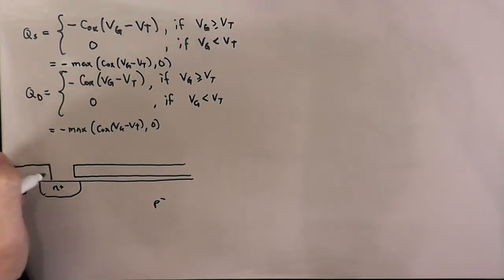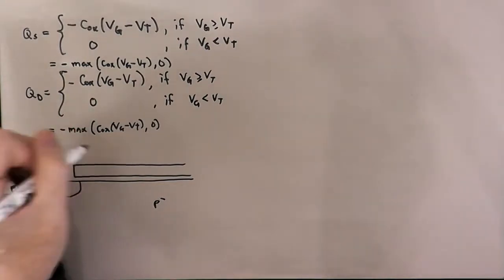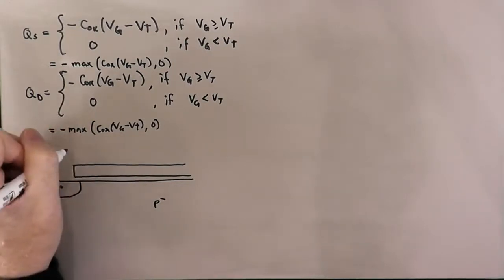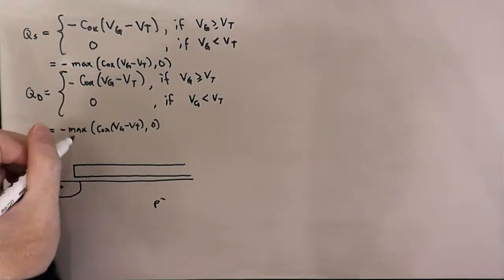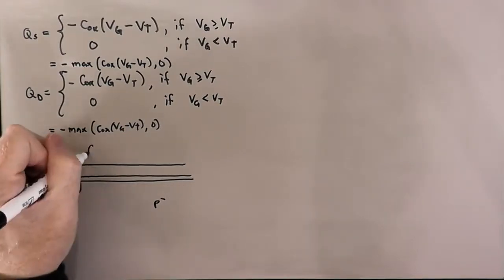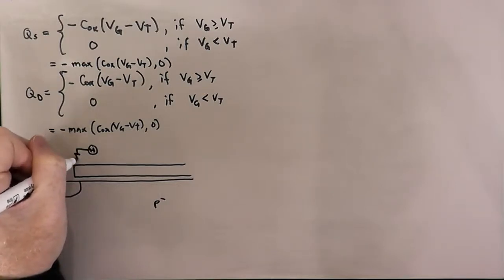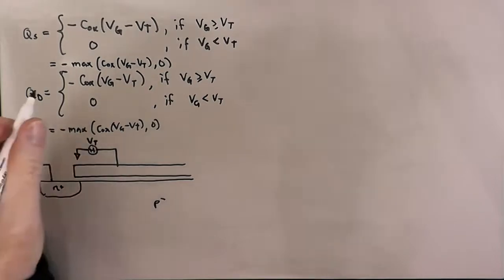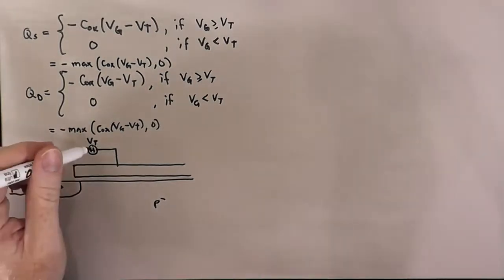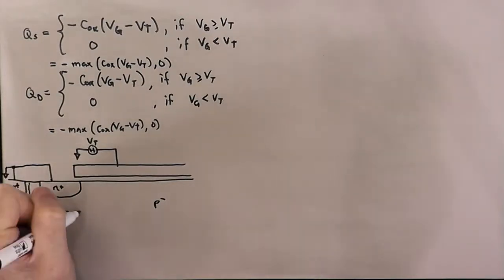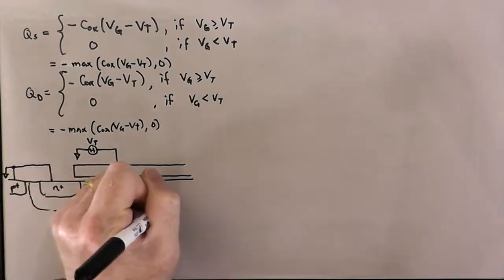If we imagine, for the time being, that we have our source connected to ground and our gate connected to some potential, we'll call it the threshold voltage, Vt.